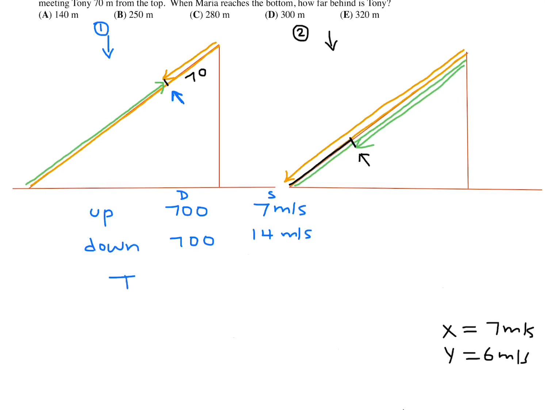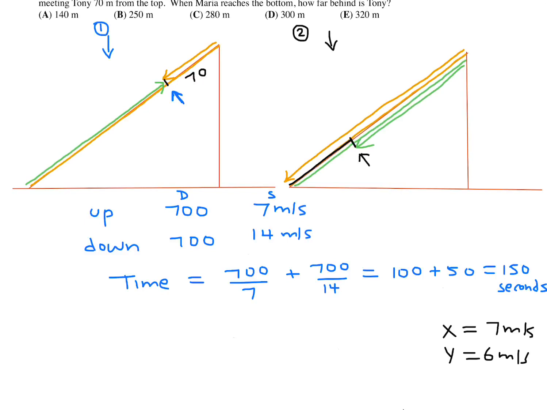So we have to figure out her total time going all the way up and all the way down. Well, time, if you remember, was distance over speed. So going up, it's 700 over 7 plus 700 over 14 for when she goes back down. So this looks like 100 plus 50, so 150 seconds. So she takes 150 seconds to go all the way up and all the way down.